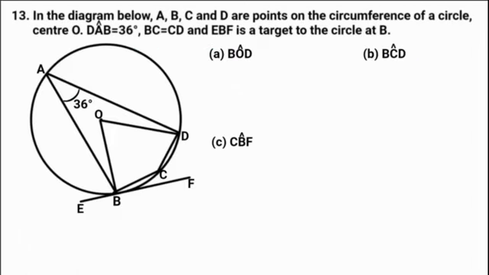So question 13 was: in the diagram below, A, B, C, and D are points on the circumference of a circle, center O. Angle DAB is equal to 36 degrees, BC is equal to CD, and EB is a tangent to the circle at B. Okay, that shouldn't be target, but should be a tangent.